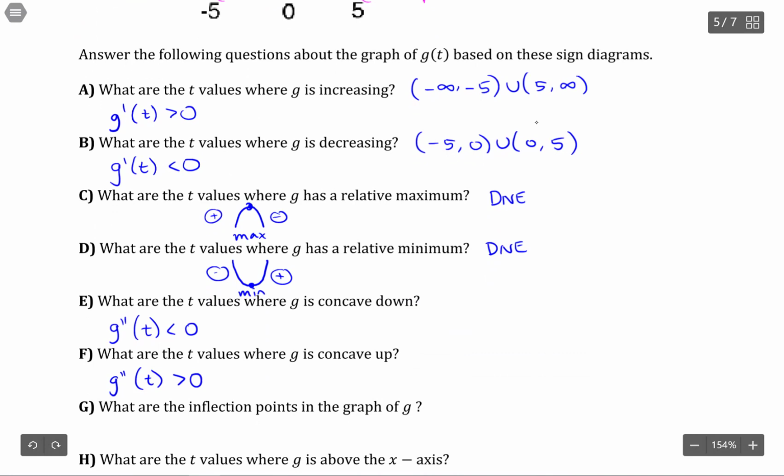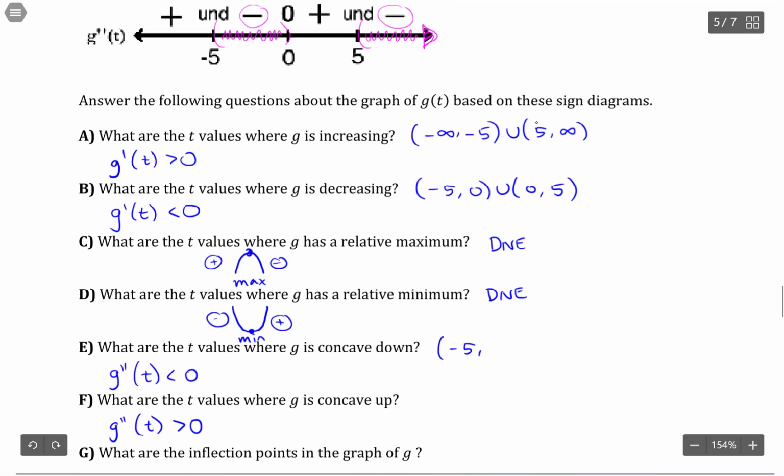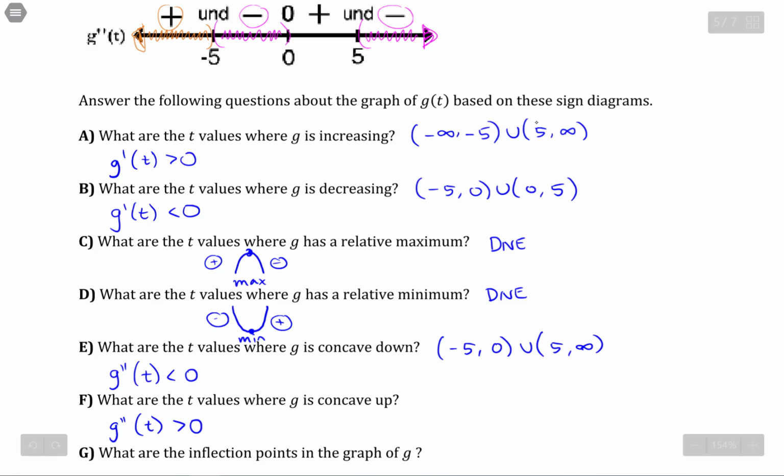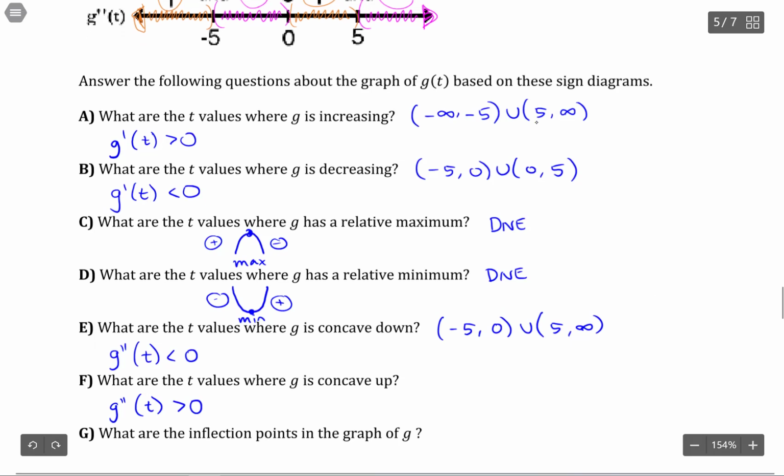So from negative 5 to 0, and then again from 5 to infinity. Where are we concave up? We are concave up on this interval here, because the second derivative is positive. The second derivative is positive here as well, so we are concave up on that interval also. So from negative infinity to negative 5, and then again from 0 to 5.